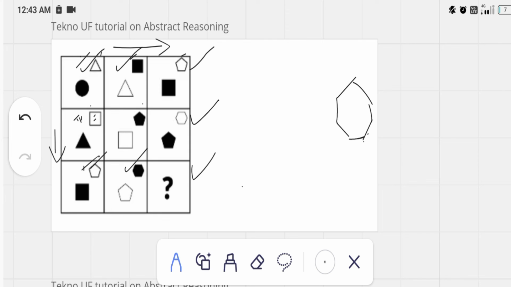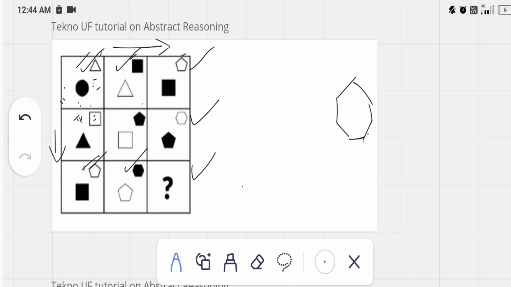This will look like this here, right? But what is the middle portion of the desired figure? Look at this. The first one was a circle, a shaded circle in the first box, right?